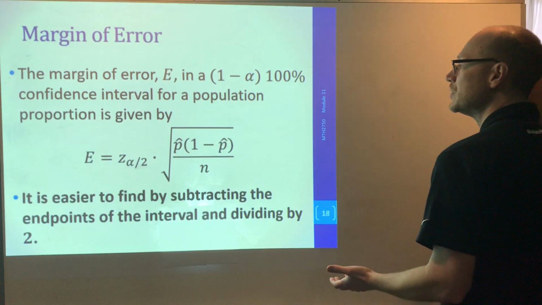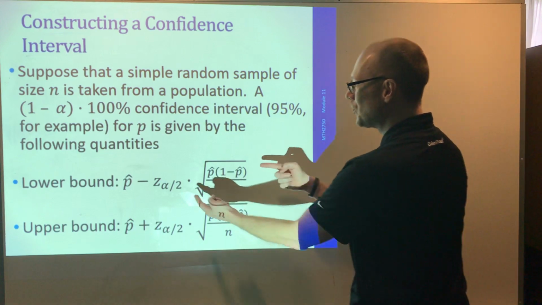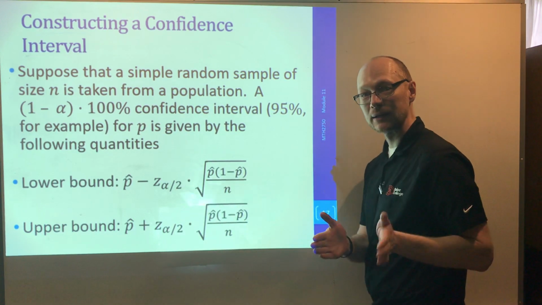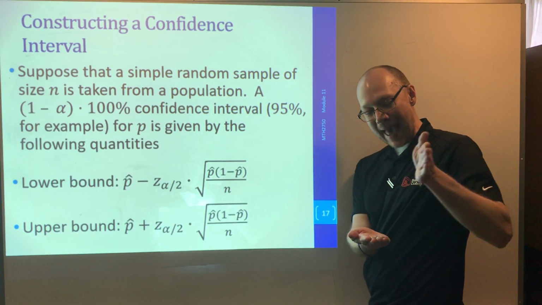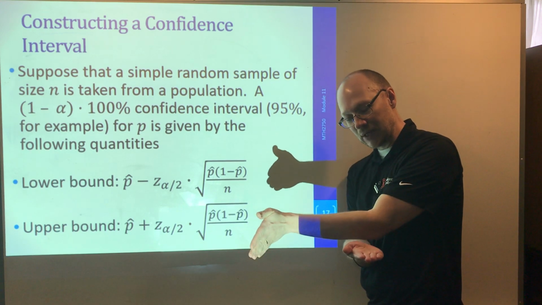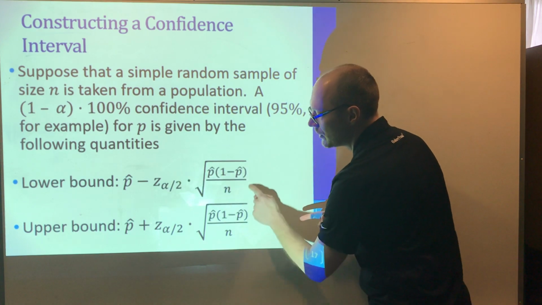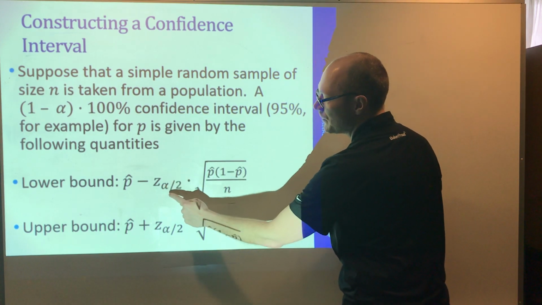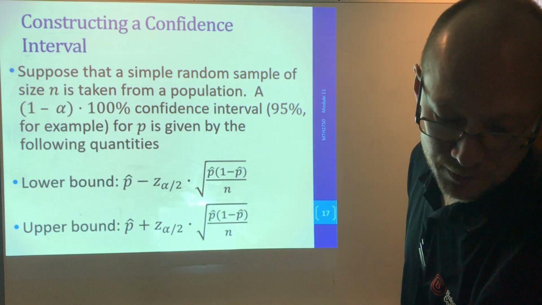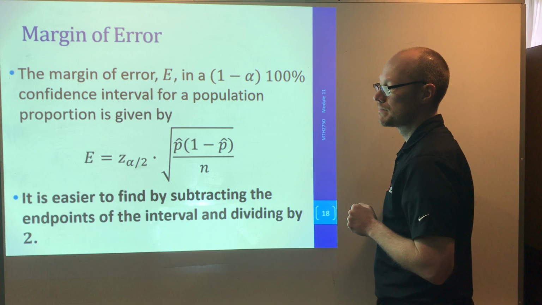So now, how do you compute the margin of error? Well, the margin of error is just whatever you're adding or subtracting, right? If we add this amount to get the upper bound, subtract this amount to get the lower bound, the margin of error is simply this value right here, the z-score times the number of standard deviations. That is the margin of error.